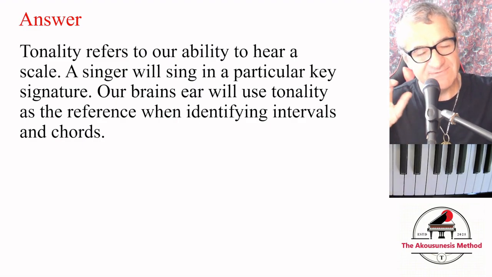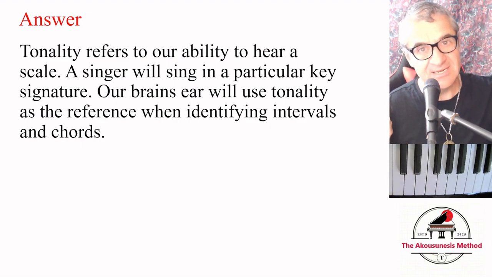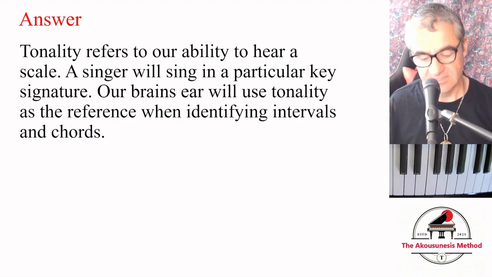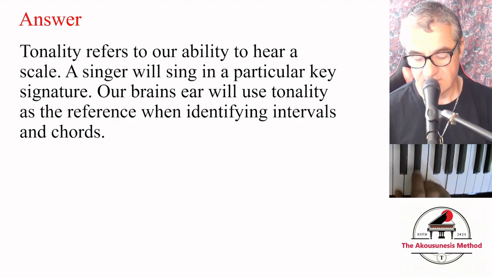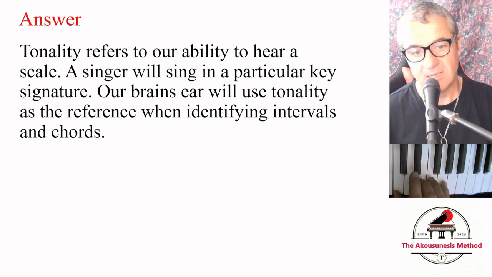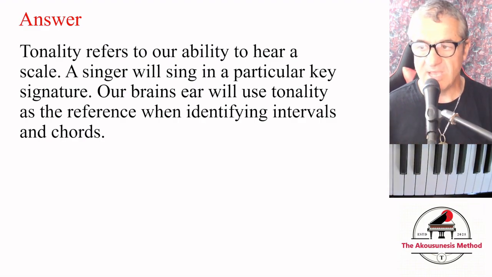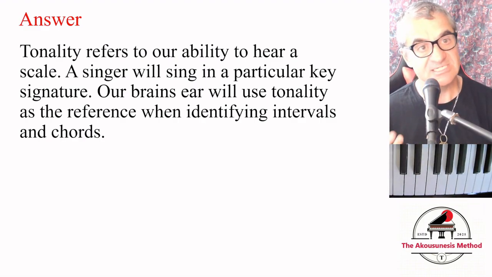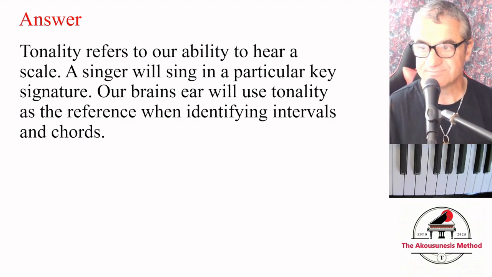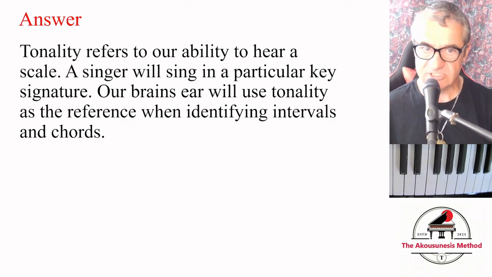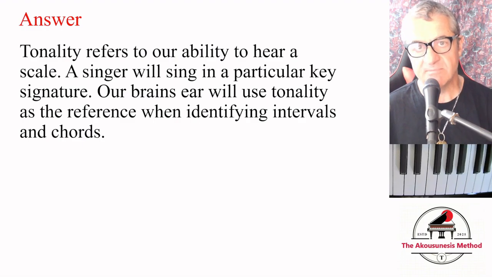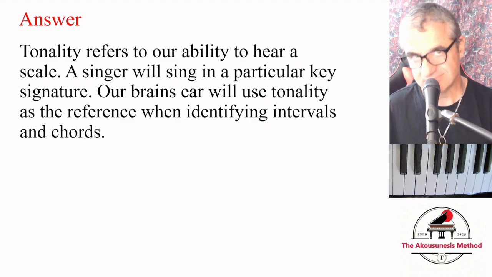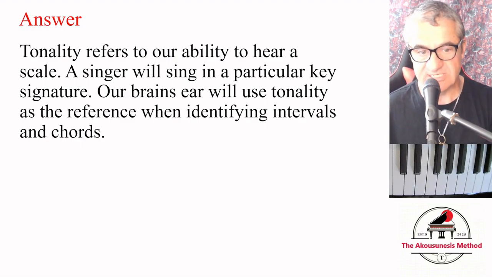When we listen for an interval, we have that reference of the tonality in our head, right? And we're going to learn more about this when we start to hear chords within a scale. So there's a lot in music, and I'm trying to make this as easy as possible, though we're really delving into the nitty-gritty here.